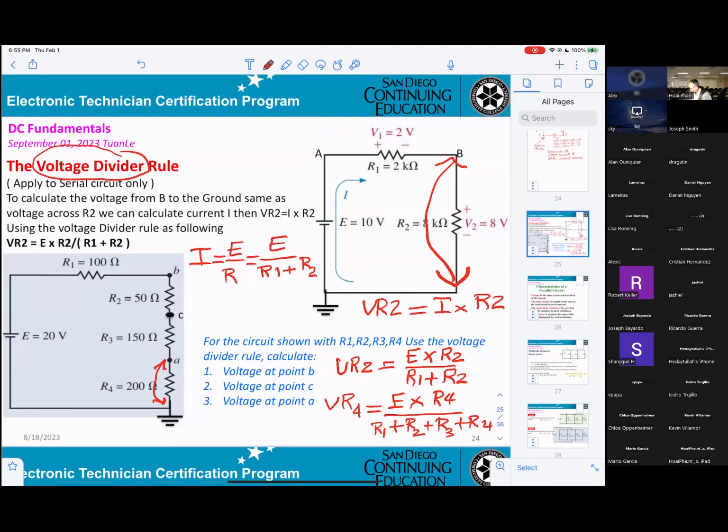If you take the total power divided by the total resistance, you get the current I. And now if you multiply by R4, you get the voltage for R4. So they just try to make it more simple. Instead of calculating the total current, you can use the voltage divider. That is the voltage divider law.